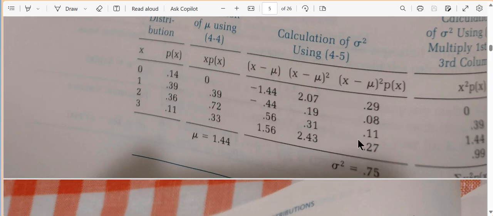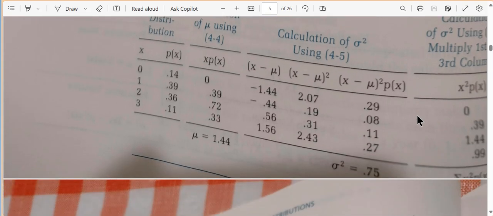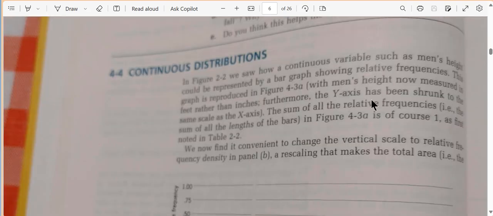Sorry for the way this comes out. But you can check some of these to see if you understand the idea of what's going on. Okay, so that was for the number of girls, and there were only four possibilities: 0 girls, 1 girl, 2 girls, and 3 girls. That's four possibilities, including 0.